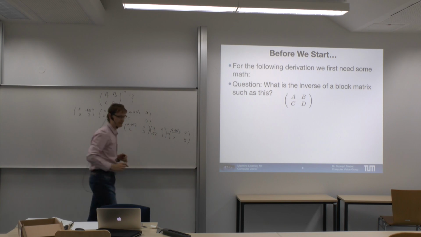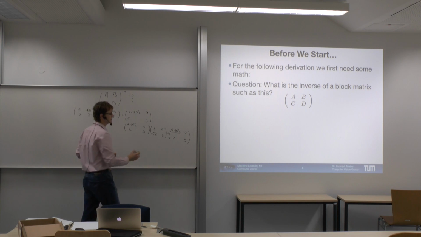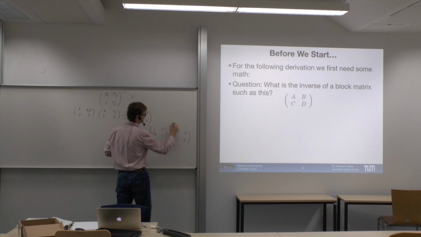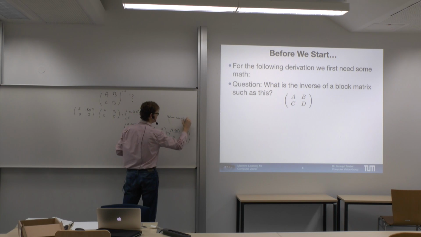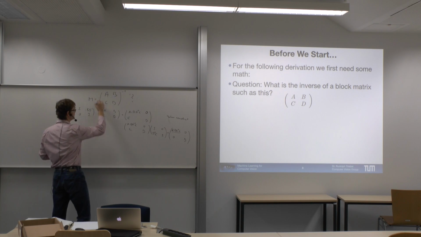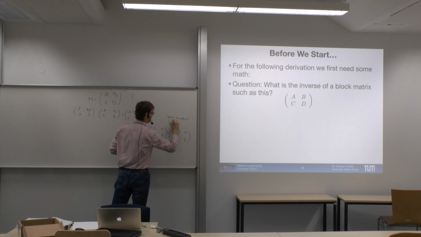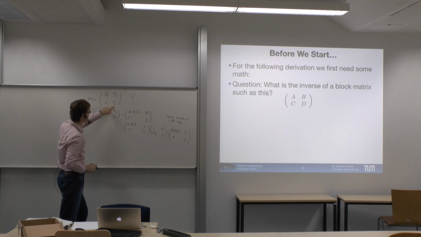Now, this expression is a very common expression. It happens a lot in many things. We call this a Schur complement. So this is the Schur complement of a matrix M, this is our matrix M, with respect to D. Why with respect to D?